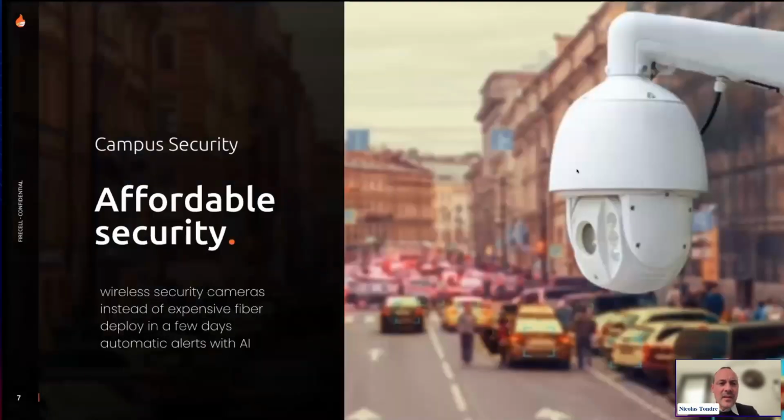Then another interesting use case is about security. Here you have a picture of a connected camera. This is a use case that really makes sense in 5G, because instead of pulling wires to connect your cameras, you will just put them wherever you want in the wireless network. So you can deploy it in a few days, and you can also couple it with automatic alerts that would function using artificial intelligence.